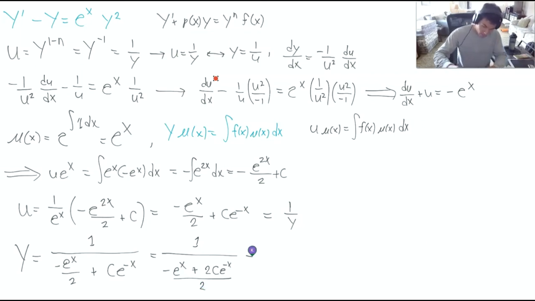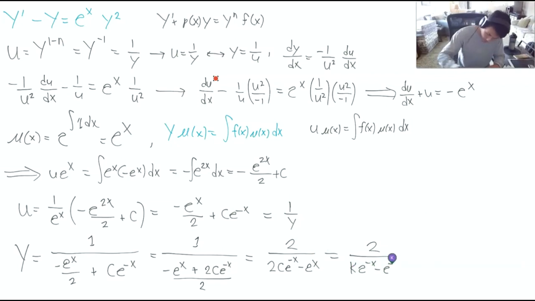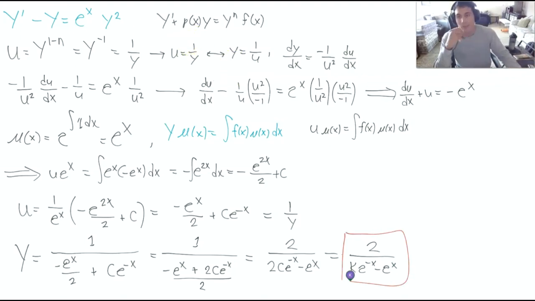And then we can write this as 2c e to the negative x minus e to the x. And then if you really want, you could write this as 2k e to the negative x minus e to the x. And that's the nicest looking answer that you can get, really. There you go. That's your answer.